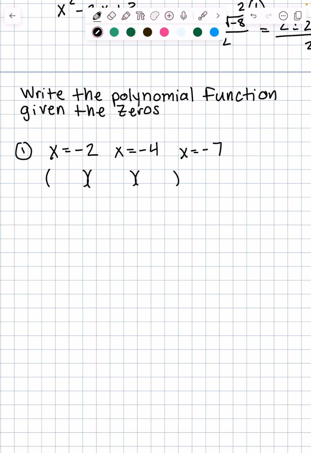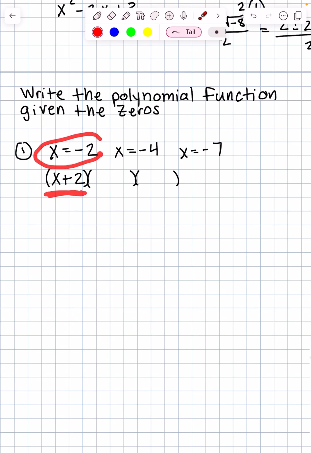And to get this answer right here of x is equal to -2, that means I'm plugging in -2 for x, but I have to put a number here to make this factor equal to 0. So this factor would be x plus 2. Because think about it, if we have a factor like this, normally I ask you, what number would we plug in for x to make this factor 0?